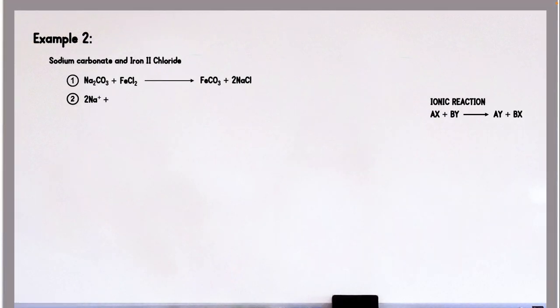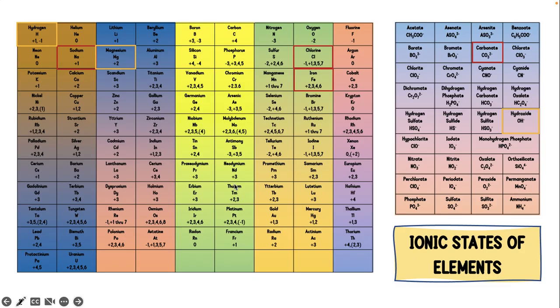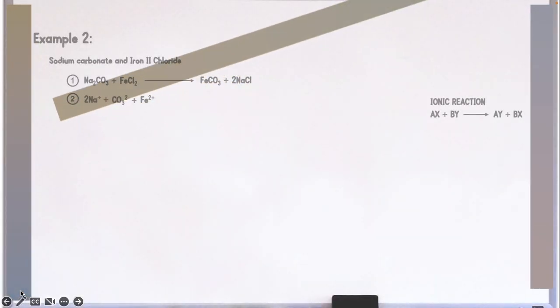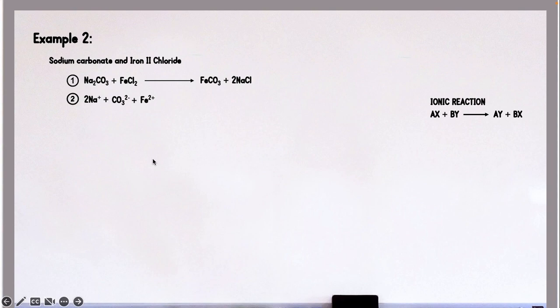So we have plus carbonate 2 minus plus iron, which, as you can see, is 2 plus, and chlorine.